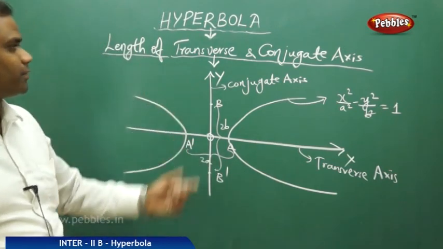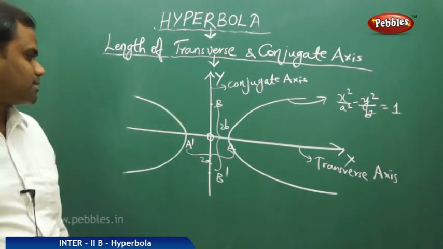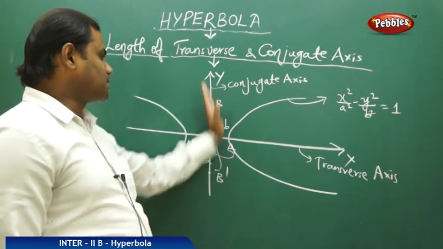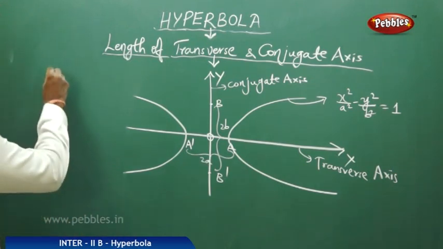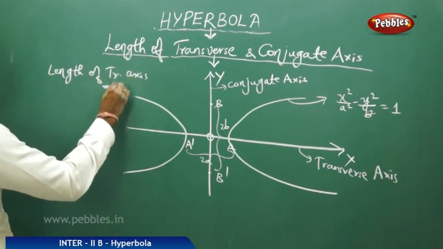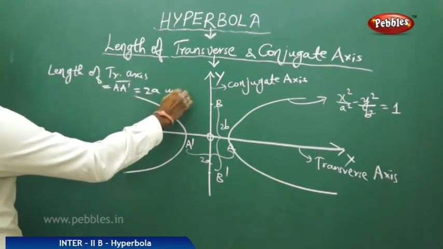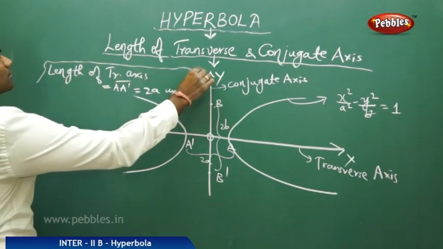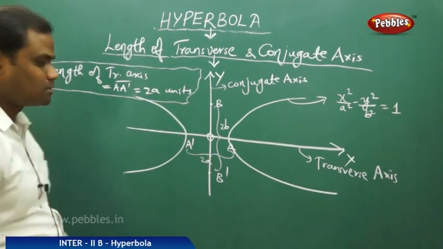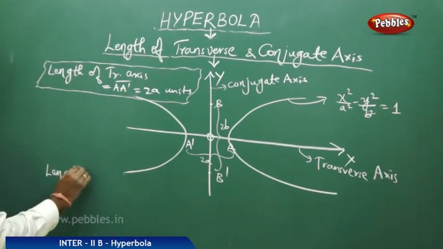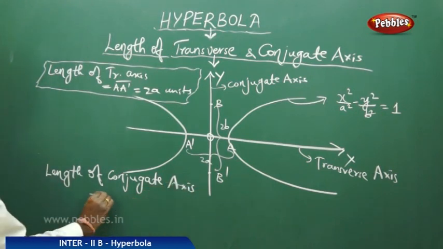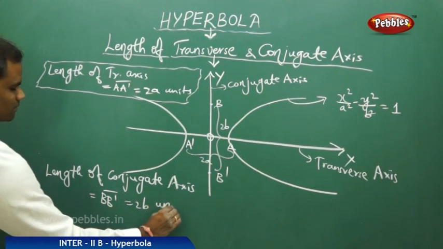Now next is about the length of the transverse and conjugate axis. Now that we have discussed the transverse axis being the x-axis, which passes through A and A dash, and the conjugate axis being the y-axis, which passes through B and B dash, the length of the transverse axis AA dash is equal to 2A units, and the length of the conjugate axis BB dash is 2B units.